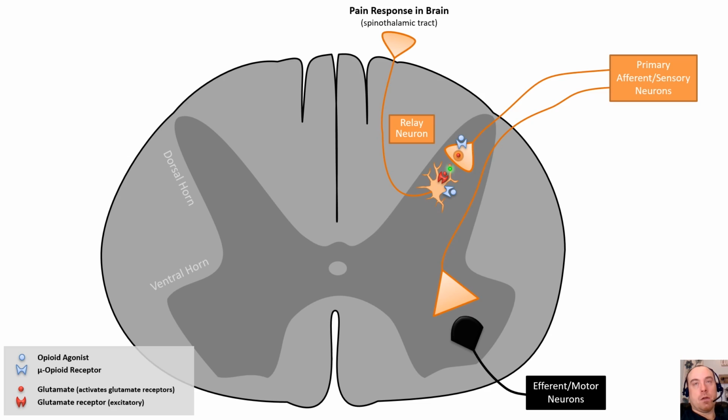We don't even sense it, because it's terminated before it reaches the brain where it can be processed. So that's the idea. What I typically do is have red as the bad guys, blue as the good guys. What it means in this case is that red is glutamate, blue is the opioid receptor here, and then the agonist. So the circles here are the actual agonists or activators, whereas the other shapes are the receptors there.